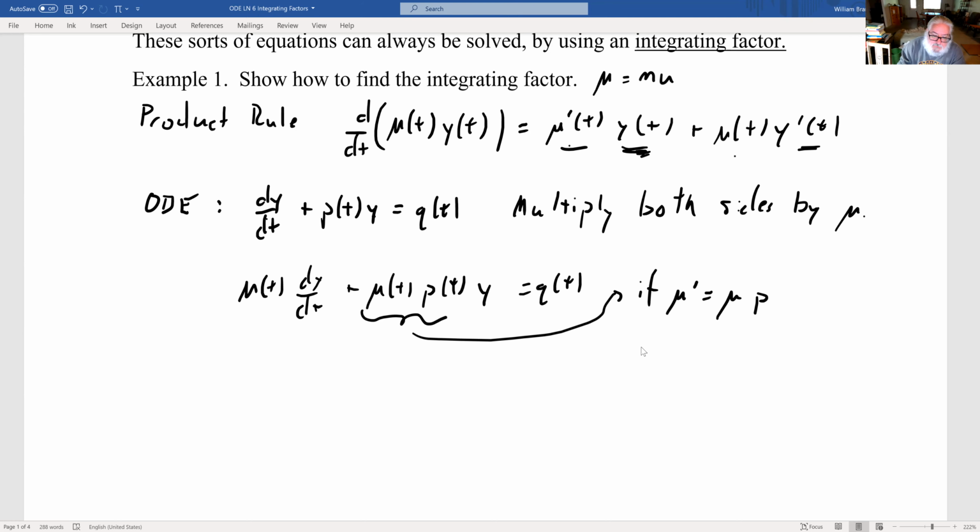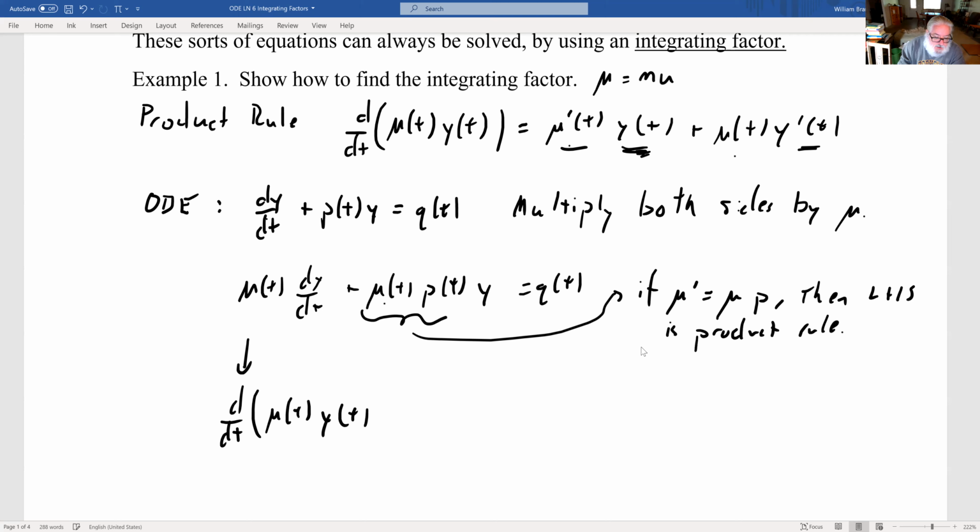So if this part, mu of t p of t, is equal to mu prime, then the left-hand side is a product rule. Assuming that's true, I had to remember to multiply the right side by mu of t as well.